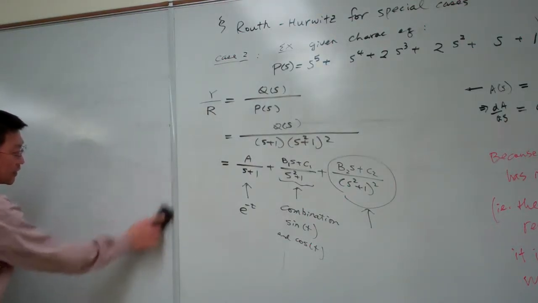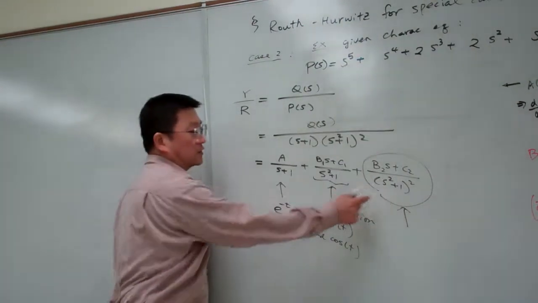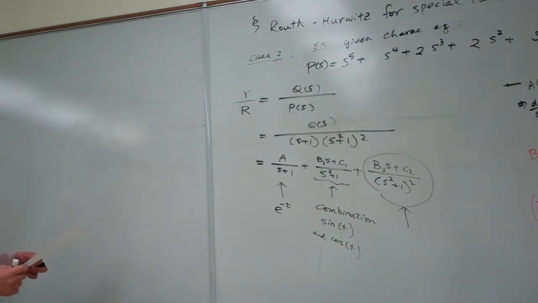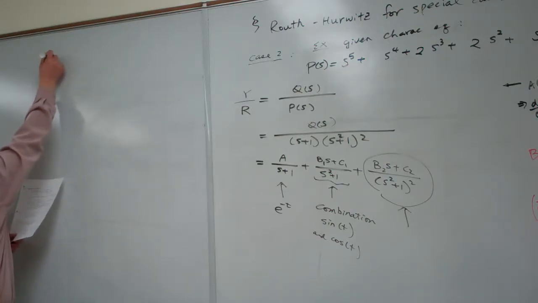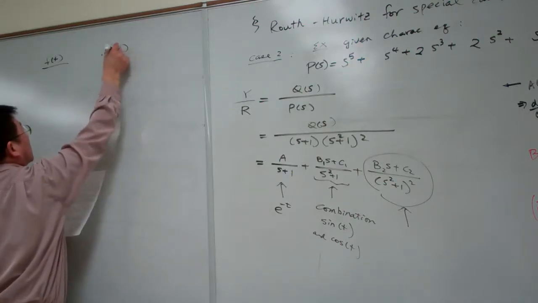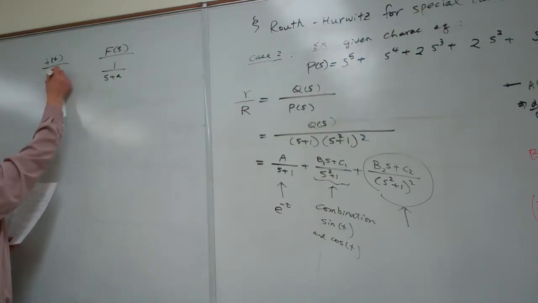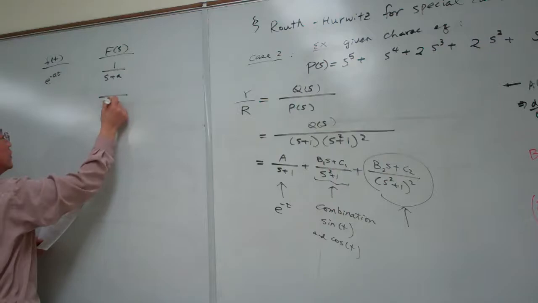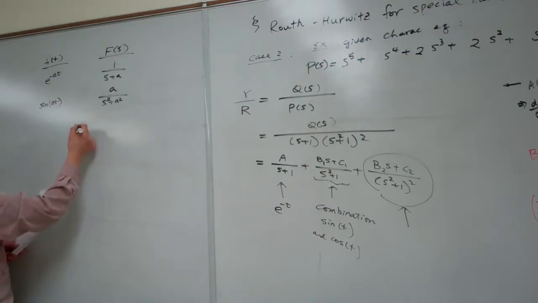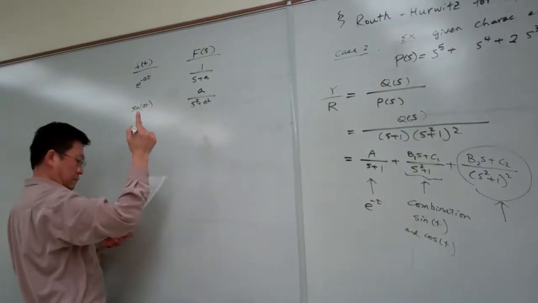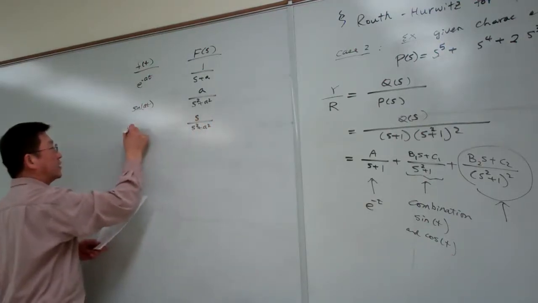We have exercised a lot for the two cases, and we haven't exercised for this case, so let me tabulate the situations. We have f of t and the Laplace transform F(s). So 1 over (s plus a) is e to the minus at, and a over (s squared plus a squared) is sine at. And s over (s squared plus a squared) is cosine at.